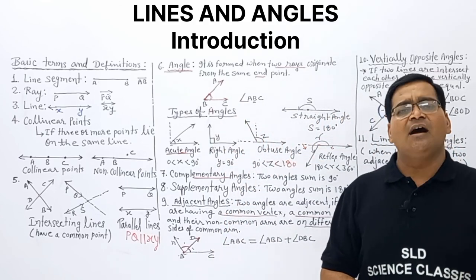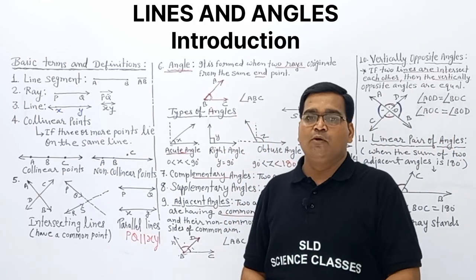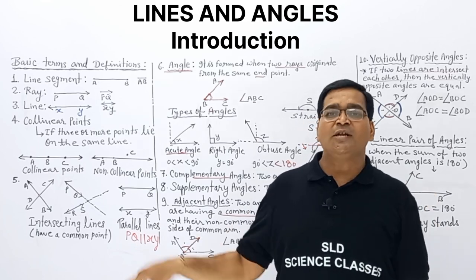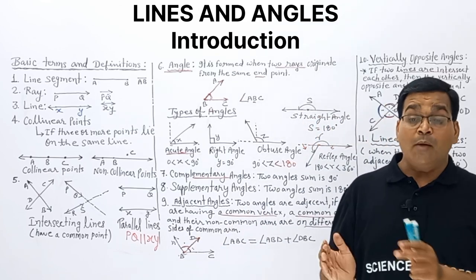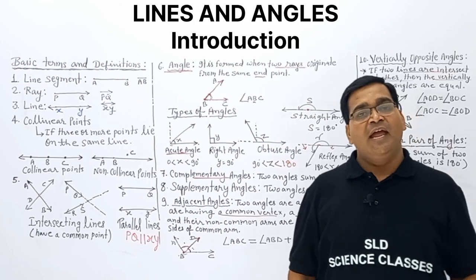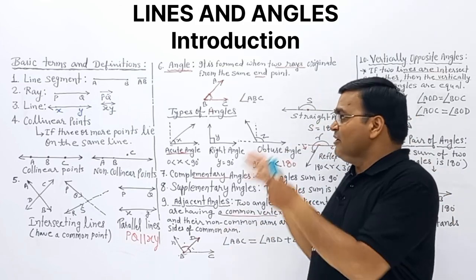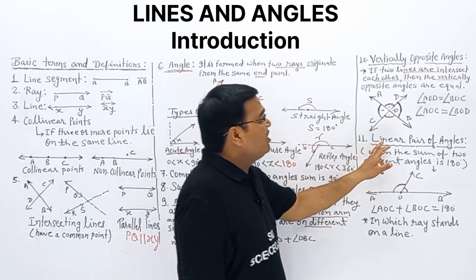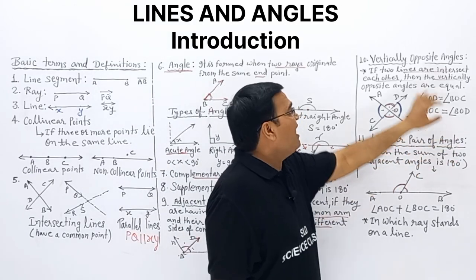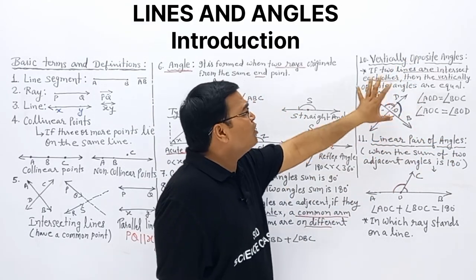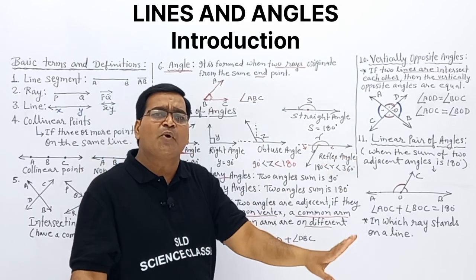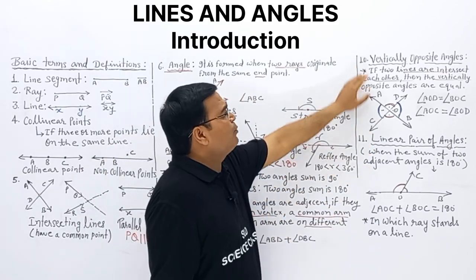Basic ideas about lines and angles we already know, but I want to show all the things which are important for the coming exercise 6.1, and in 6.1 we will use all these concepts. The most important concepts are linear pair of angles and vertically opposite angles. Both are very important. Exercise 6.1 is based on these two points.